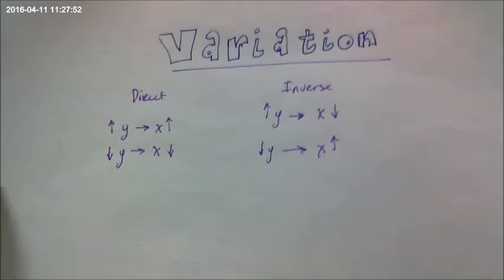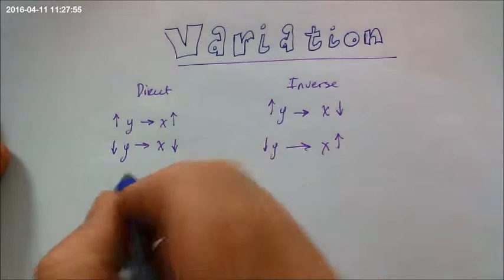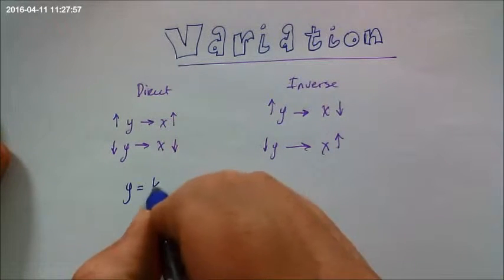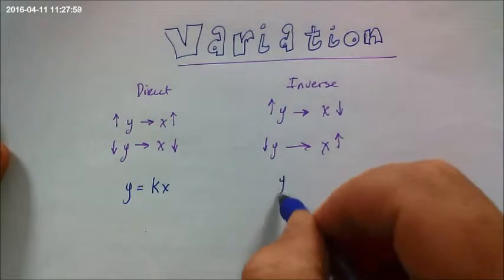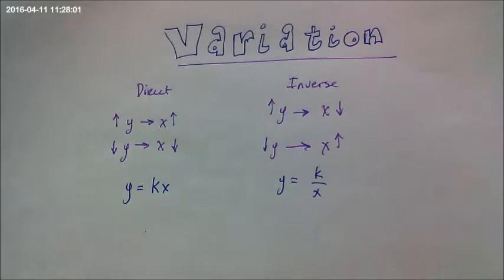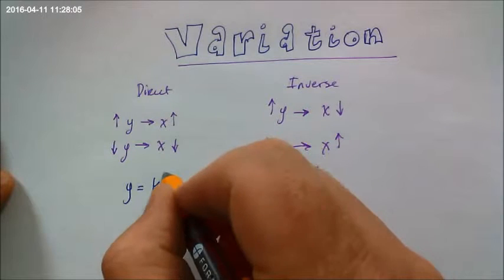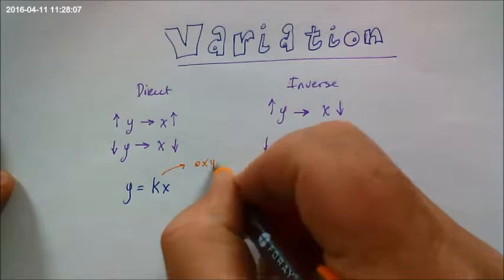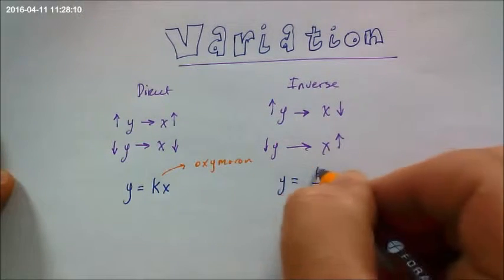The thing you start with every single time with variation is, if it's direct, you start with this formula, and if it's inverse, you start with this formula. Now, K is my favorite mathematical oxymoron.